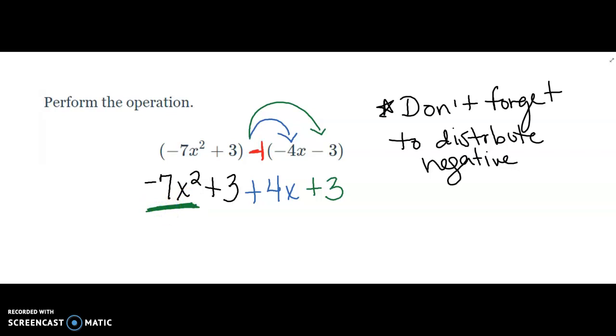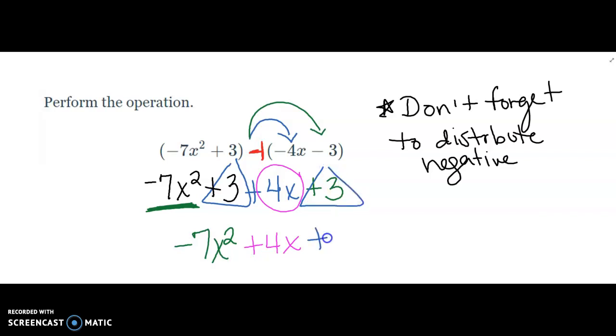So we got negative 7x squared, and there's no other x squared, so I'm just going to bring that down. Then the second one is 4x. There's not another term with just x, so I'm going to bring that down. And then we have this 3 plus 3, which gives us 6. So that would be our answer in standard form, and you would type that into Deltamath.